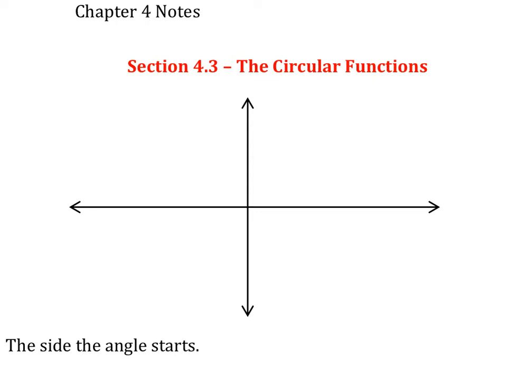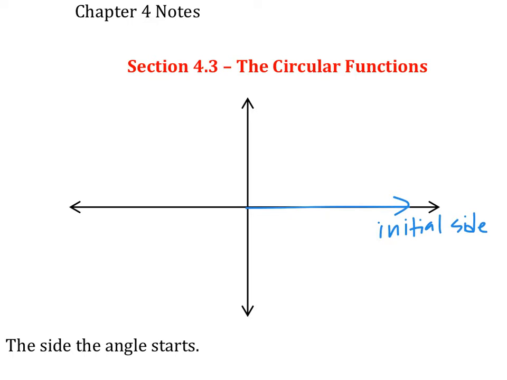So we're going to talk about angles again, and angles have obviously two sides. That's how you make an angle, right? The side that we start with is always going to be the positive x-axis. This is the side it starts, and we call that the initial side. So the initial side is always the positive x-axis.